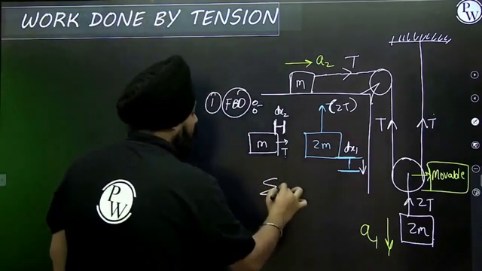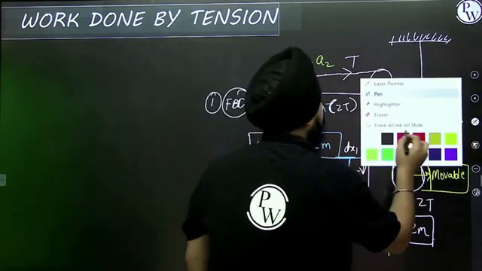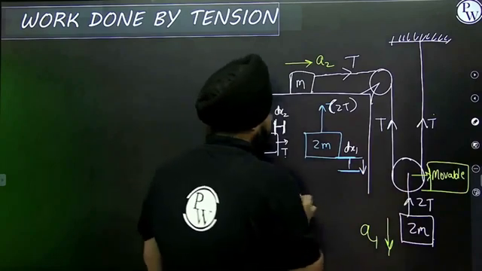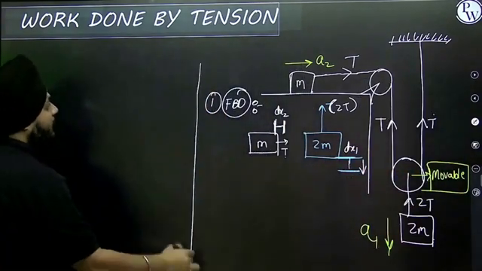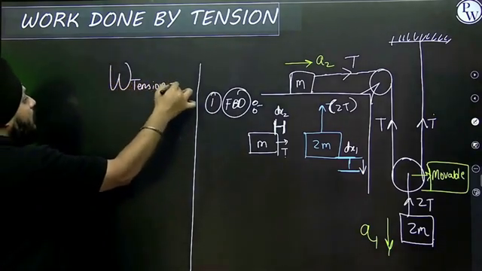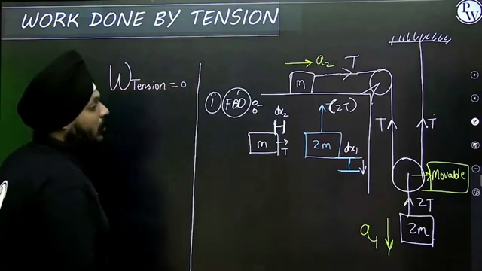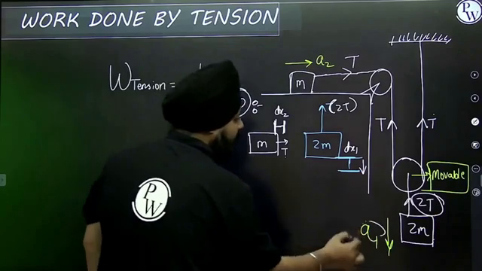Now, the work done by all tensions is 0, right? Let's see it here. For this block, what will be the tension? 2T. What will be the acceleration?